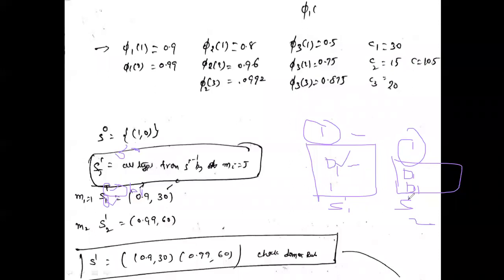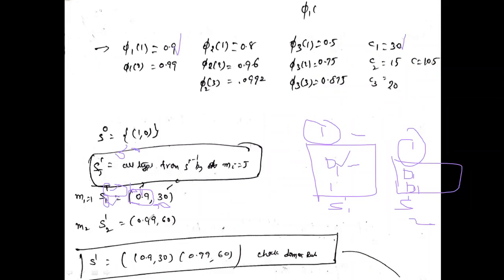Same here, S power 1. Using D1 with 1 device and this formula, the reliability is 0.9, and the cost for a single device is C1 equal to 30.